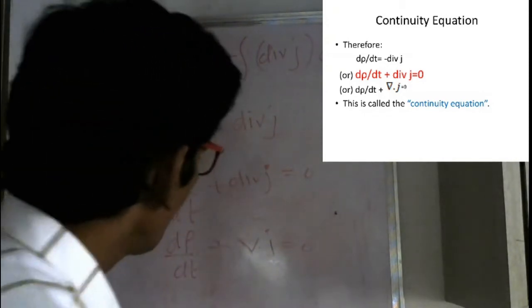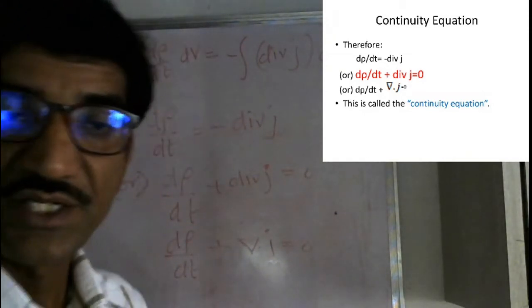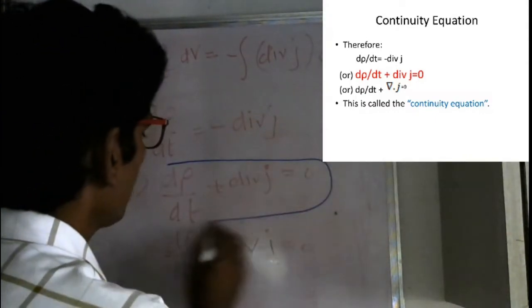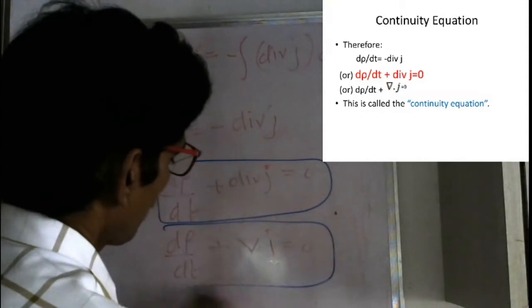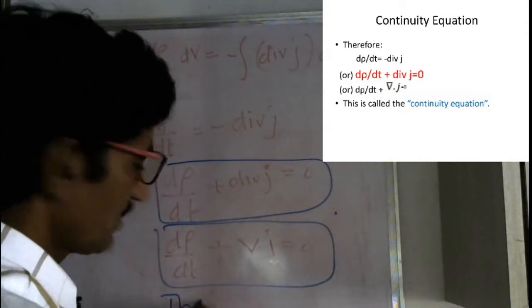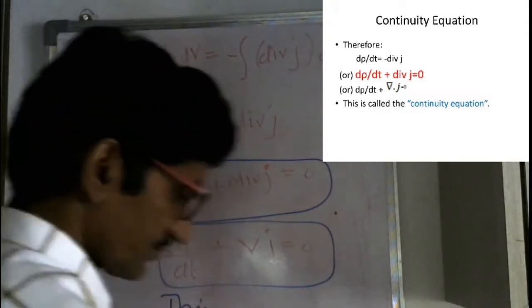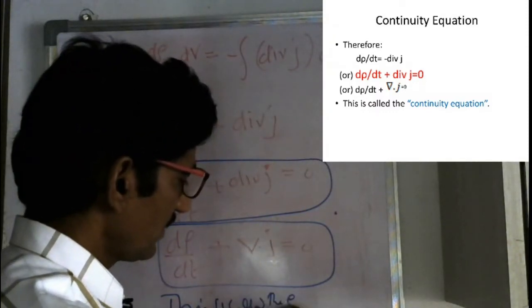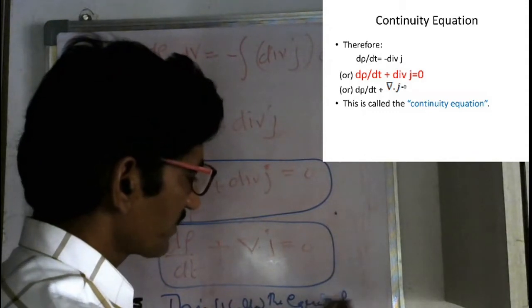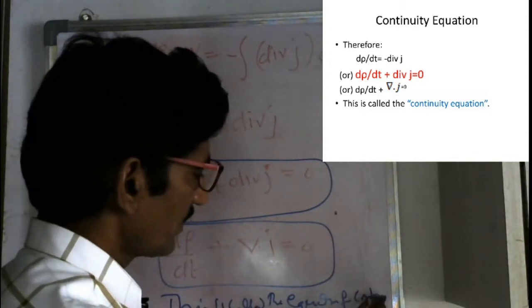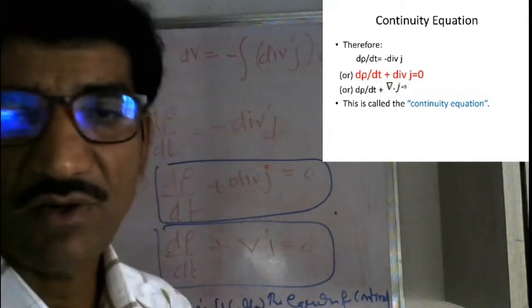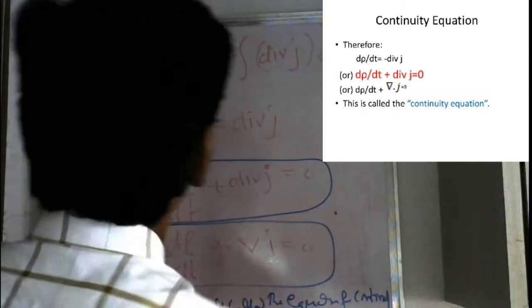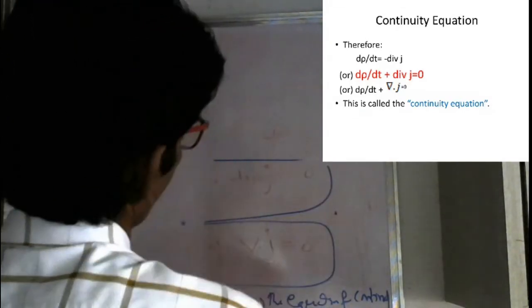We call this equation the equation of continuity in electrodynamics. I will write the main equation here.